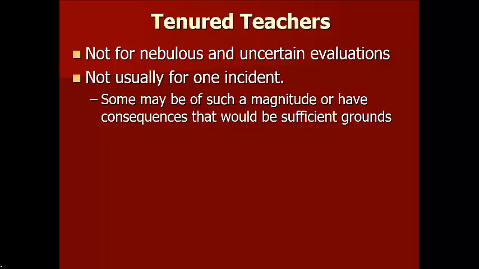They cannot be let go for nebulous and uncertain evaluations. Typically, you're going to bring in teacher evaluations when you dismiss a tenured teacher. So keep in mind those things will be asked for as evidence most likely.